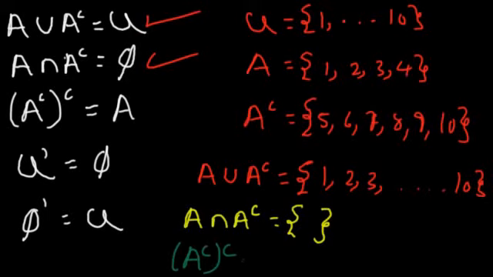Do you guys get it? Elements that are in the universal set but not in the A complement. So this simply equals a set that includes elements 1, 2, 3, 4, and these elements are the same as the elements in set A. That is how this becomes set A as well. So this is also true.